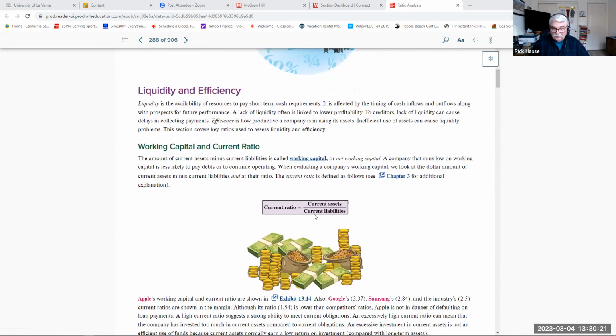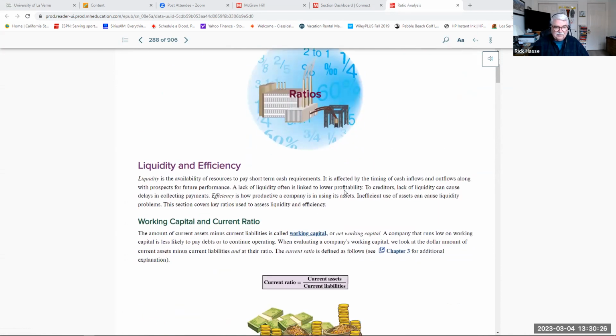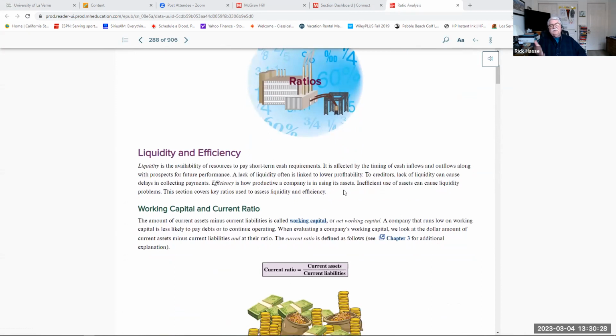It's the easiest one to do, but you can take any ratio that you want, any analysis within this section, find those indicators for the fiscal years 12/31/22 and 12/31/21, and what does that tell you about this company as far as their performance and efficiency.